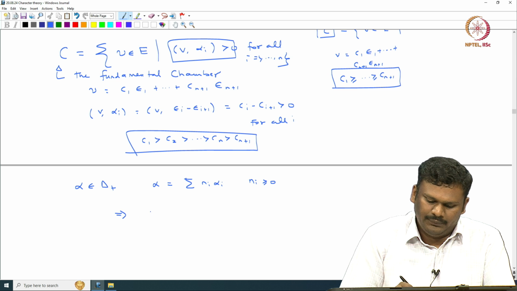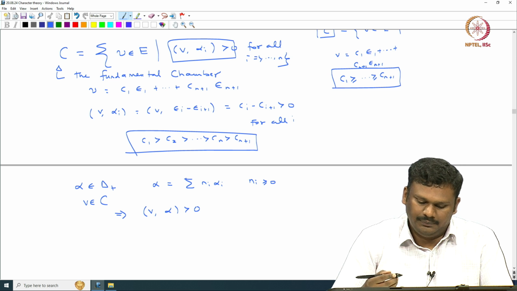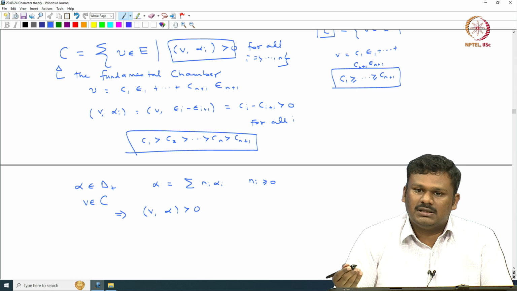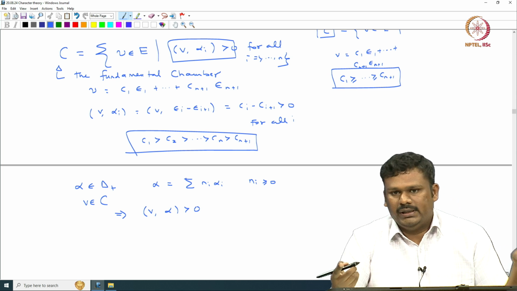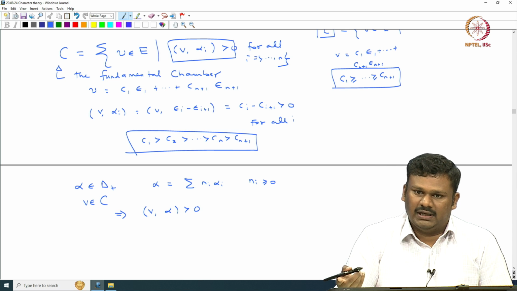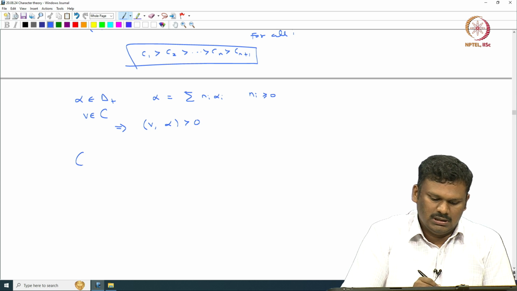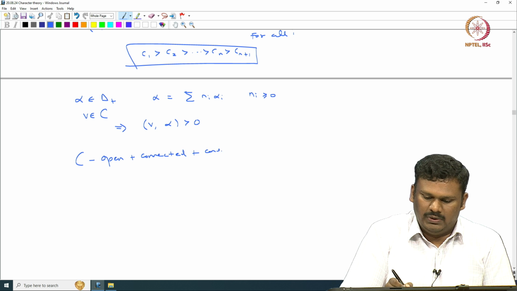This forces that if v is from C, then (v, alpha) is also greater than 0, because one of the n_i should be non-zero. So, if you take 2 points from C, they both lie on the same side of the reflecting hyperplanes. So, this C is clearly open, connected and convex. That is obvious.